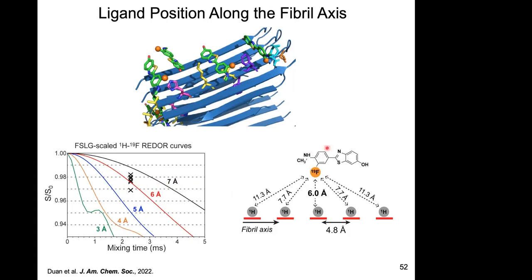So this fluorine on this drug can sit above one beta strand closest, and then it will be at a slightly longer distance to the adjacent chains. And so the length of this ligand is such that we think it will straddle probably at least 3 beta strands, if not more.